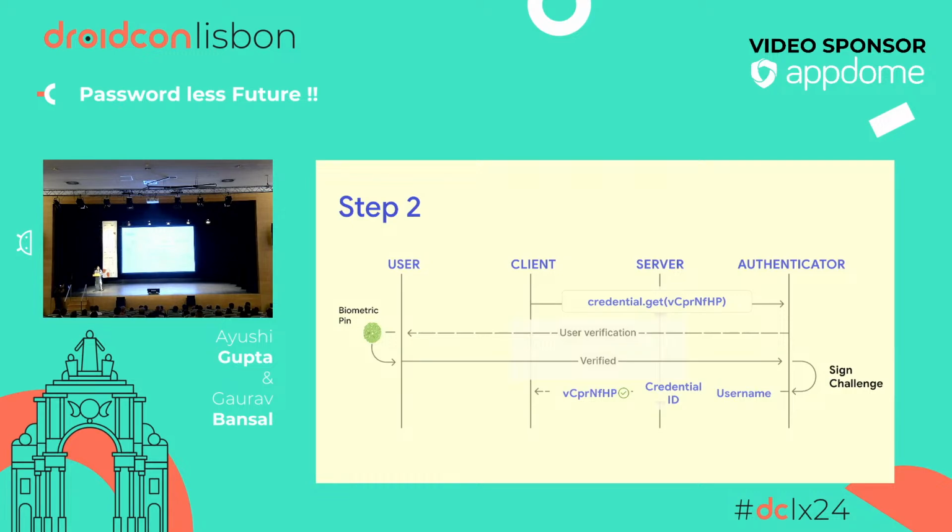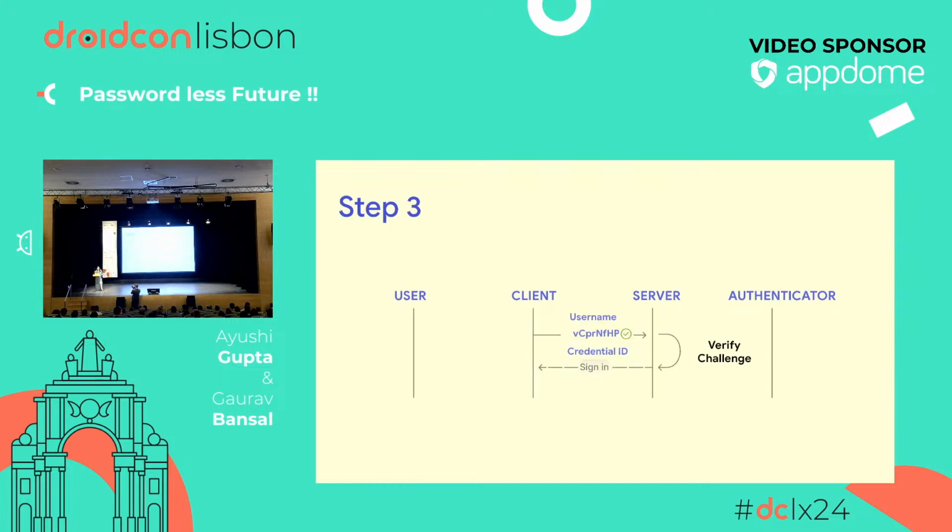That verification could be biometric or a PIN. It's like giving consent: OK, you can open the secure hardware and take out the private key. And again, the private key is used to sign this particular challenge. The signed challenge, as well as the username and the credential of the used passkey, are returned by the function.